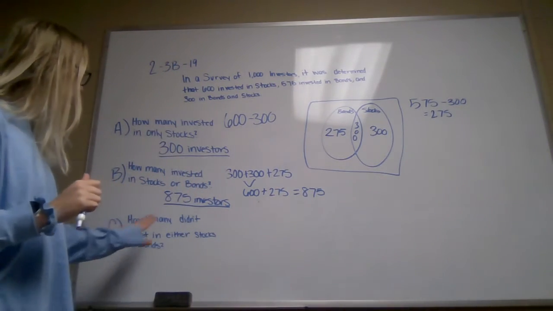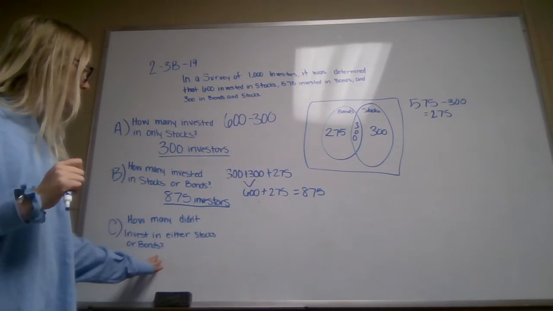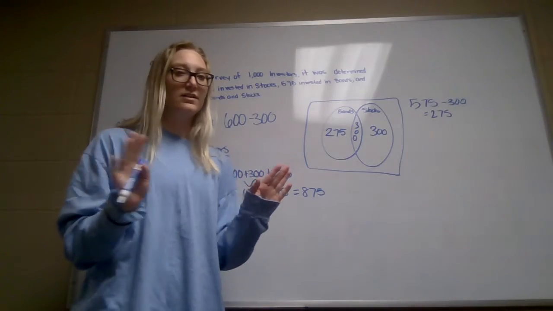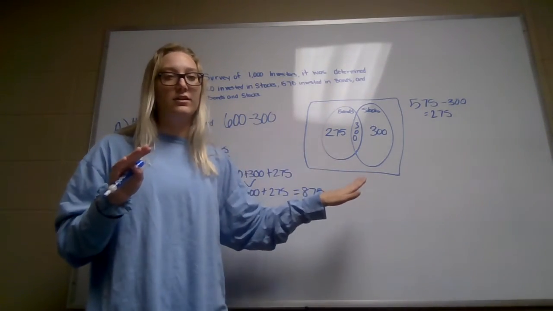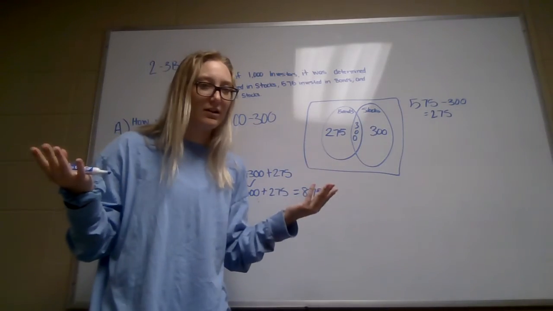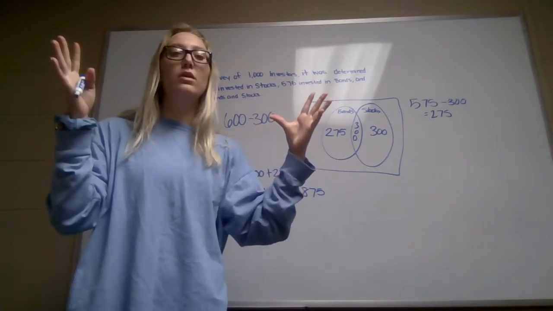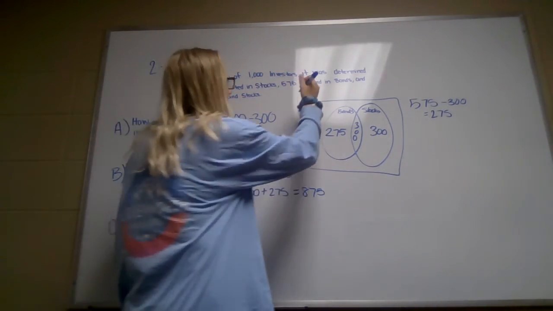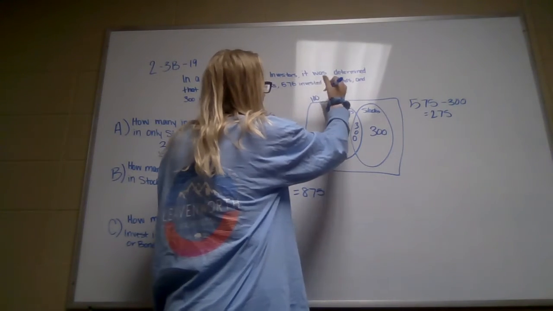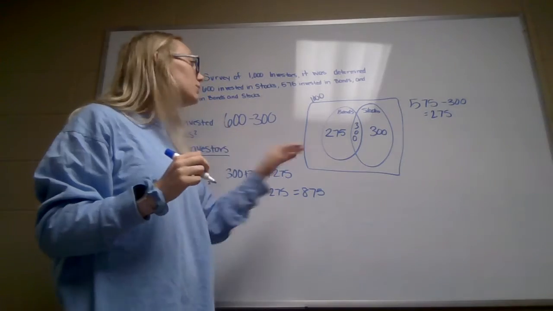Okay, now how many did not invest in either stocks or bonds? So how many didn't invest? So you can see that I drew a square around our circles. And you might be like, why, Miss Holly, did you do that? Well, the square means our total number of people that took our survey, which is 1,000.